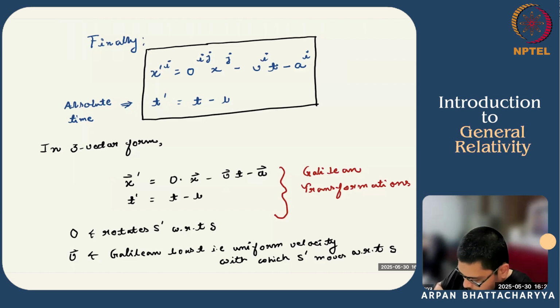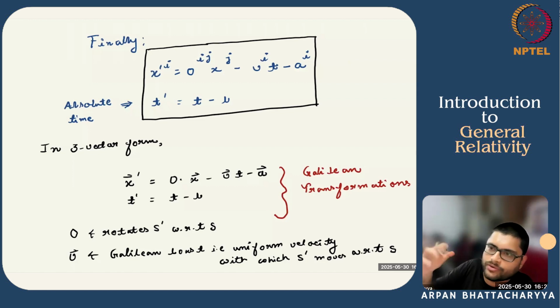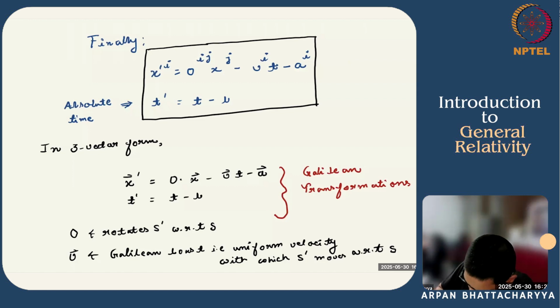And again, v and a are some constant vectors, and b is some constant number, and these are known as Galilean transformations, which enable you to transform physical quantities from one inertial reference frame to another inertial reference frame within the context of Galilean Newtonian relativity.